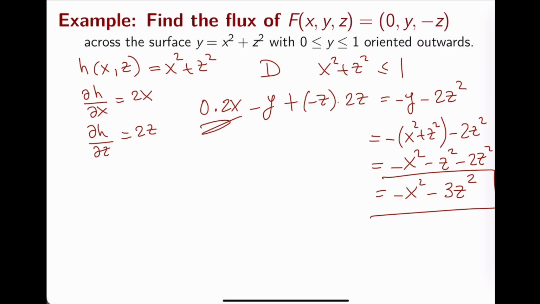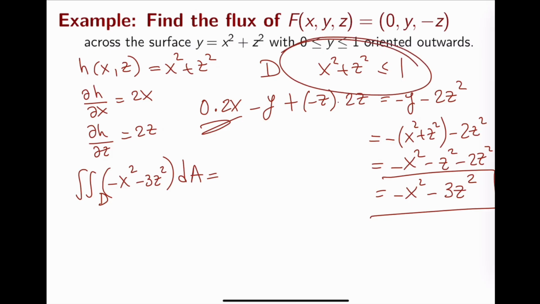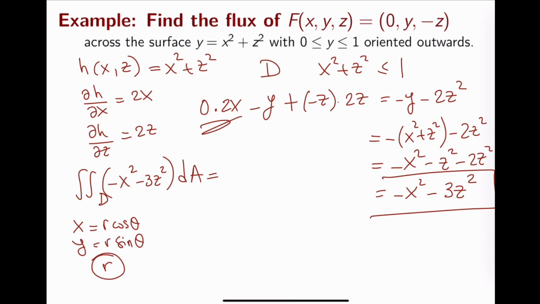And so the flux is going to be equal to the double integral over the domain of this expression. So we see that the domain is a circle, so we do a change of variables to polar. We know that x equals r cosine, z equals r sine, and we are going to have to multiply by r, right?